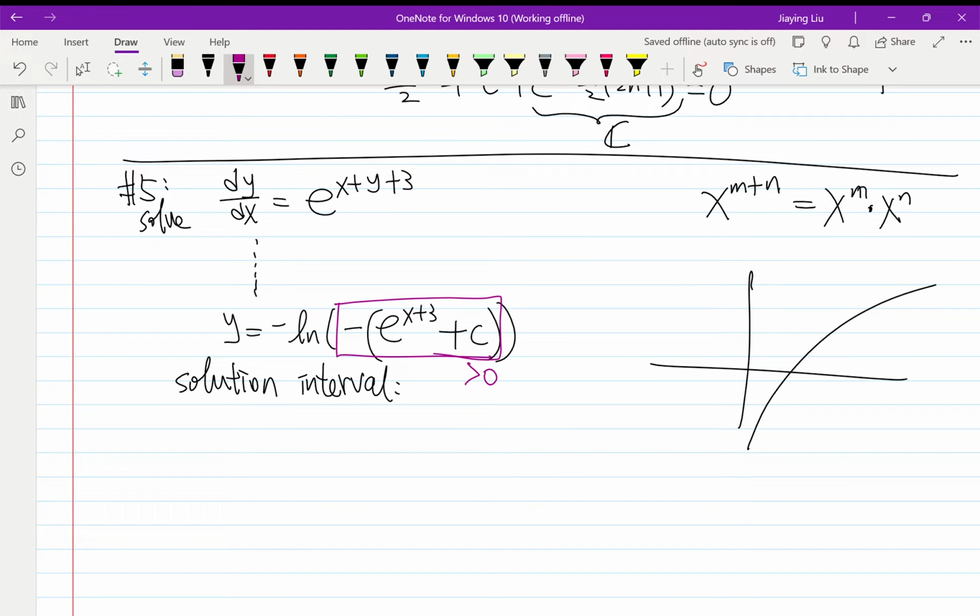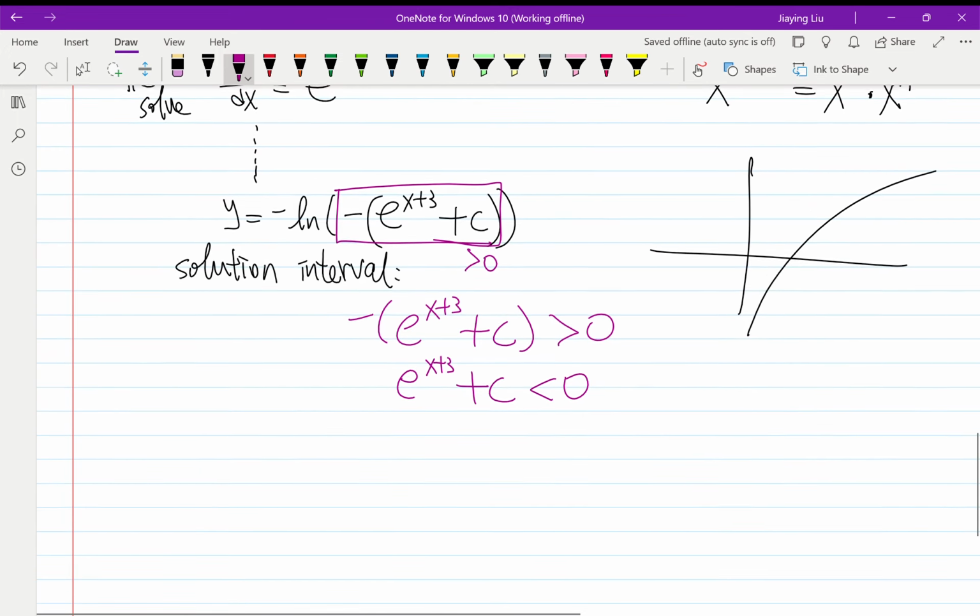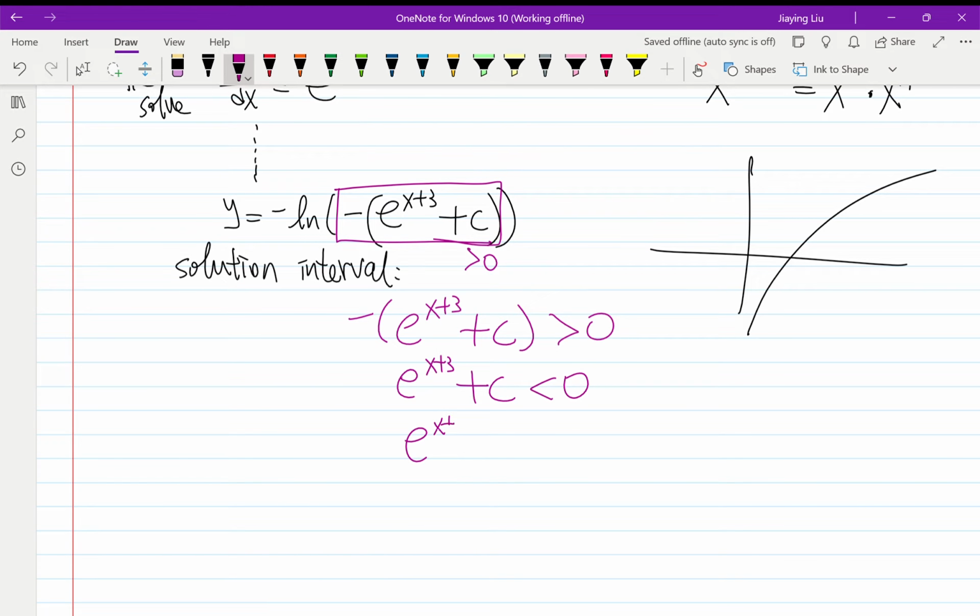That just becomes negative, parentheses, e to the x plus 3, plus c greater than 0. We can divide by negative 1 on both sides. That will give us e to the x plus 3 plus c less than 0. We can move the c to the right. That becomes e to the x plus 3 less than negative c.